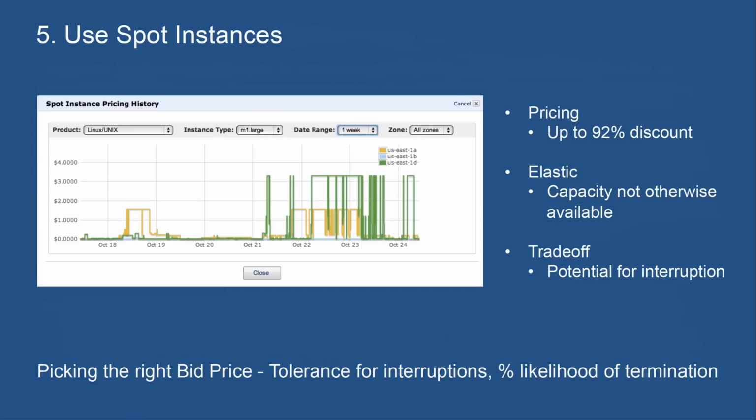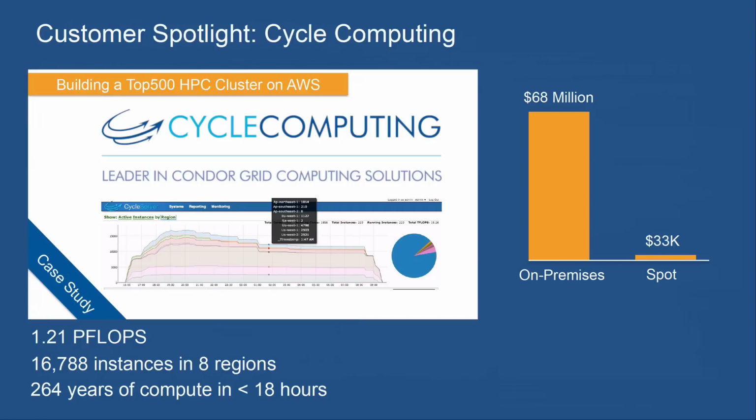And with EMR, it's possible to build a Hadoop cluster which comprises both on-demand instances or reserved instances and Spot instances, which can help you accelerate the completion of Hadoop jobs and can reduce your total cost to run those jobs by blending those Spot instance resources together with those other purchasing models that I talked about. So if you have a workload of that type, you can definitely take a look at Spot and use that as a mechanism for accelerating delivery of your workload and also lowering your costs.